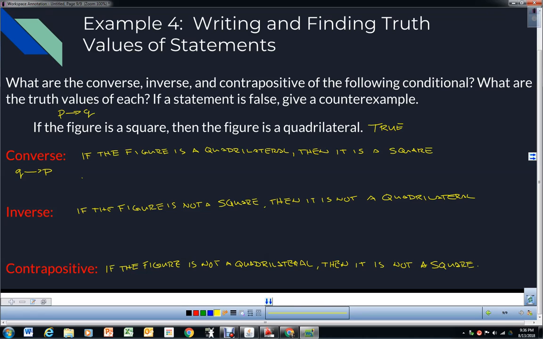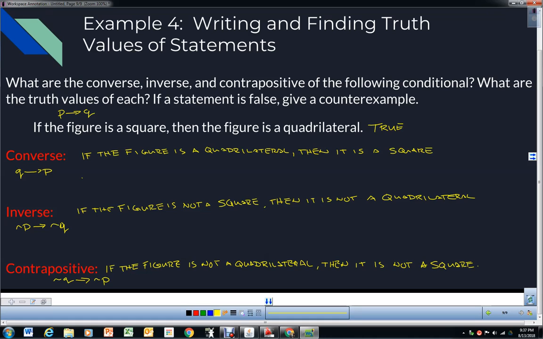The inverse is where we negate our conditional, so it's if not P, then not Q. And then the contrapositive is if not Q, then not P.